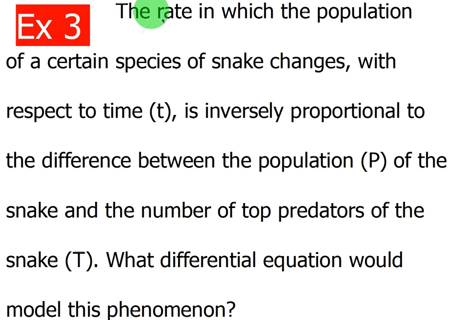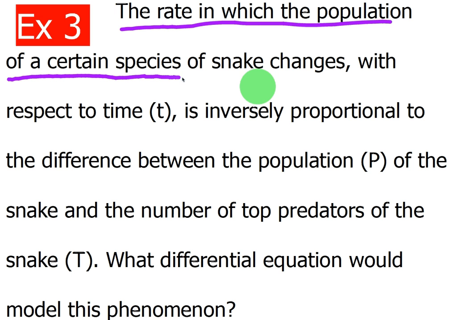Let's read this together. It says the rate in which the population of a certain species of snake changes. So before I go any further, I'm just going to go ahead and start converting these to rates and whatnot. So let's use purple for that. The rate in which the population of a certain species of snake changes. So for population, I'm going to use P, and we don't really have to use S for snake.